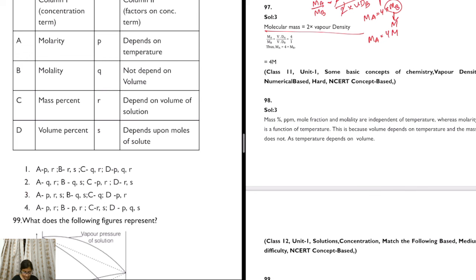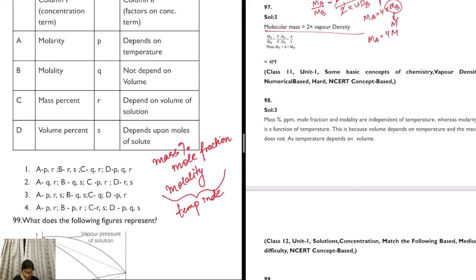Mass percent, mole fraction, and molality are temperature independent.